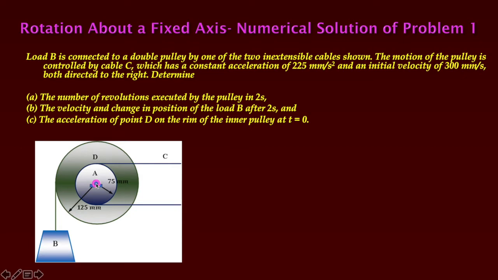The axis is perpendicular to the point A. The radius of these two discs is given. The bigger disc is 125 mm, whereas the smaller disc is 75 mm. A block is hanging from this bigger disc.